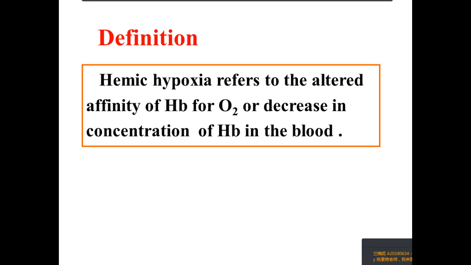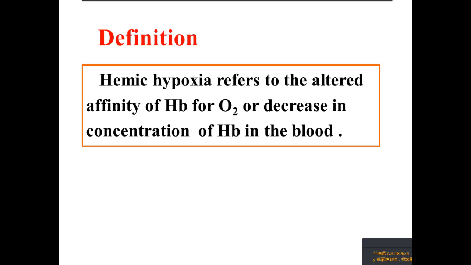So from the definition we know the quality and concentration of hemoglobin decrease. So which parameters will decrease? Oxygen binding capacity decreases. Hemoglobin combined with oxygen decreases, so oxygen content decreases. Which is normal?